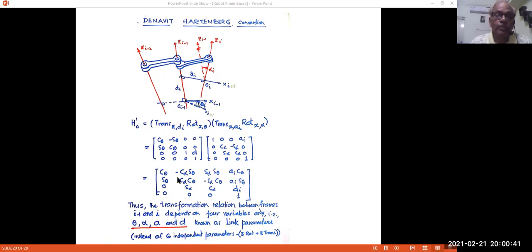These four independent parameters describe the relation, and this is the homogeneous transformation matrix that relates two frames in terms of the four parameters. We call them link parameters. Now, what we do is, for a given robot arm, we write these four parameters and get a corresponding matrix H10.